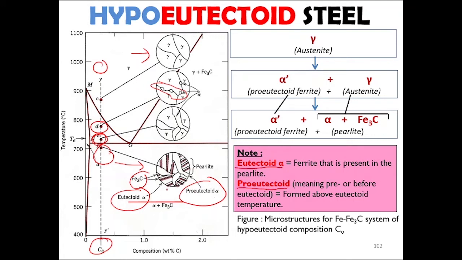Eutectoid alpha is the lamellar structure layered with cementite, ferrite that is present in the pearlite. Proeutectoid is ferrite formed above the eutectoid temperature, or pre-eutectoid, and it forms in the grain boundaries of austenite.